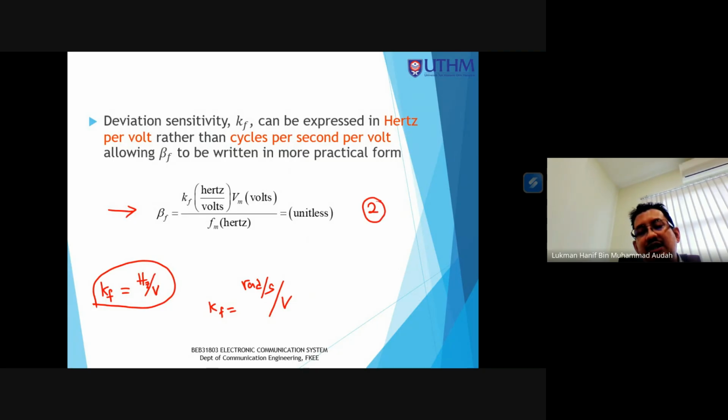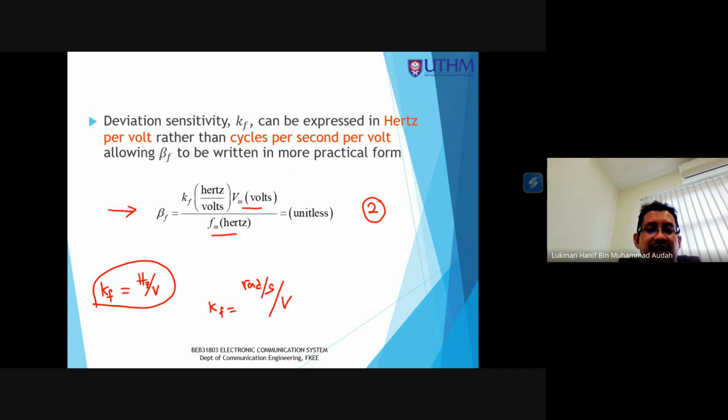Why does it look a bit different? Because Kf now is in terms of hertz per volt. Therefore, you multiply it with Vm and then with Fm, so you get a parameter without a unit.